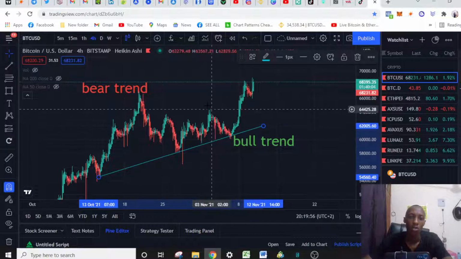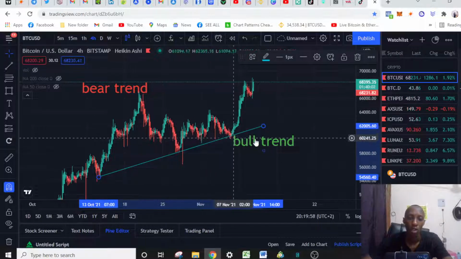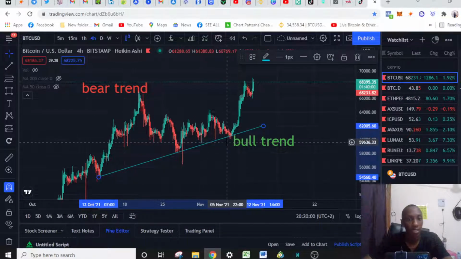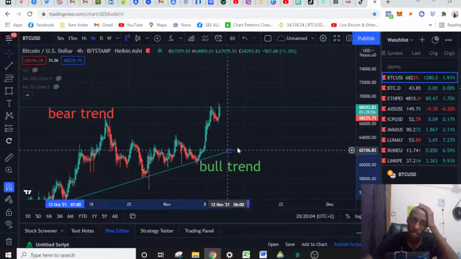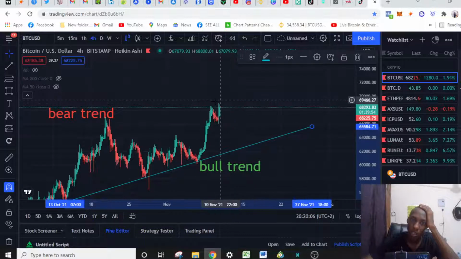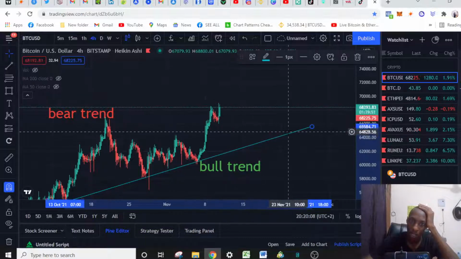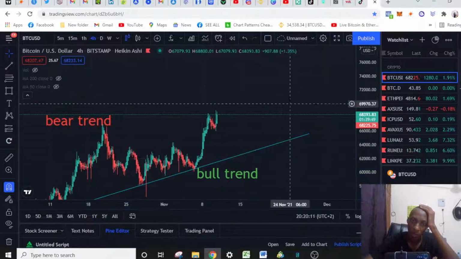That means you would have been waiting for this price to come and touch the trend line again, so that boom, it goes. So probably if we extend this trend line right here, price somewhere somehow is gonna come and touch this trend line again, and then pump.